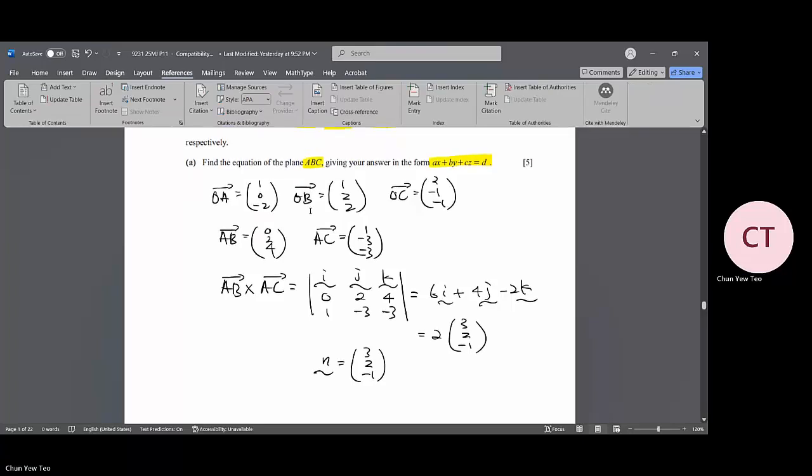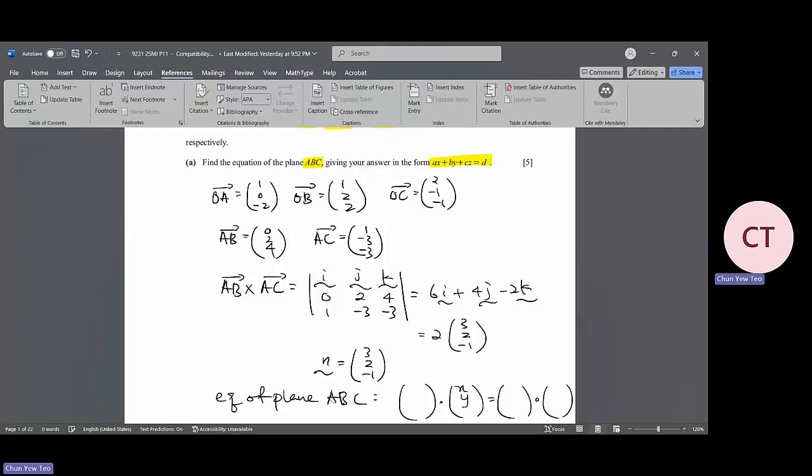Okay. So the equation of plane ABC will be the dot product. So we have x, y, z dotted with the normal 3, 2, negative 1, equal to 3, 2, negative 1 dotted with any position vector, either OA, OB, or OC.